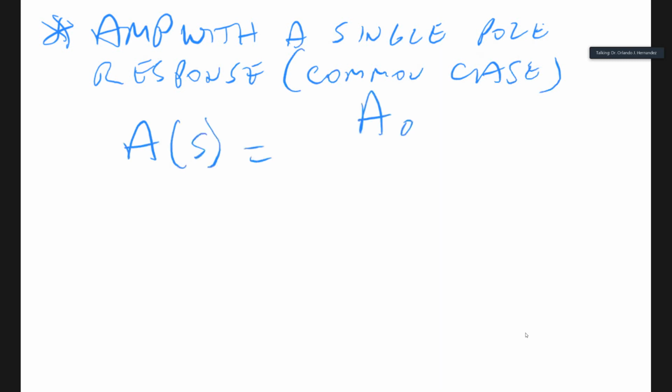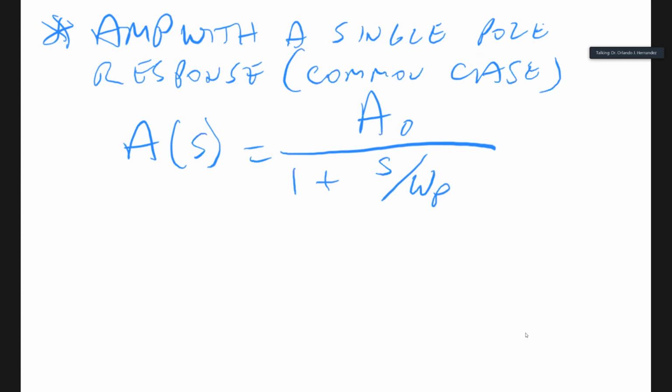This is your mid-band gain, A sub 0, and we said that it had this response. And omega sub p is that pole.